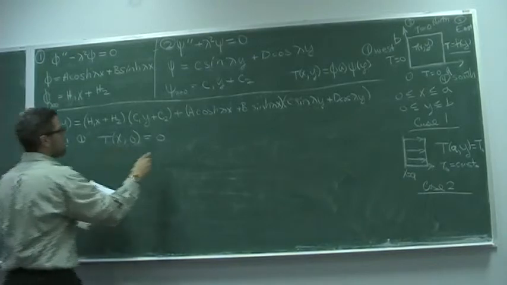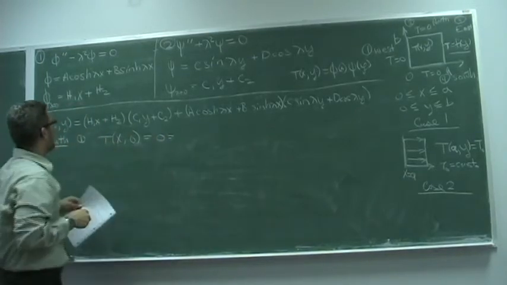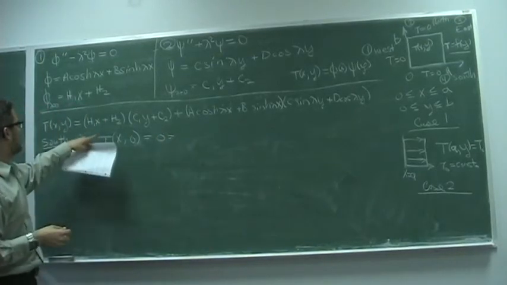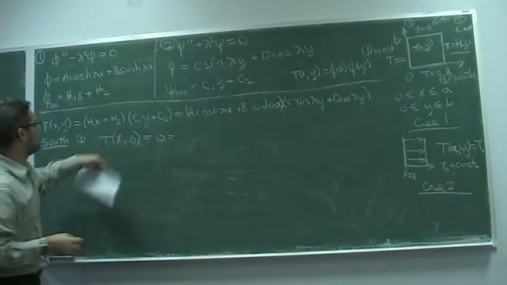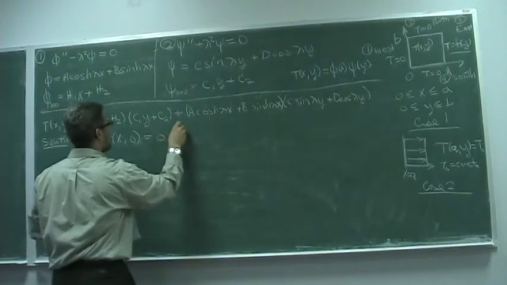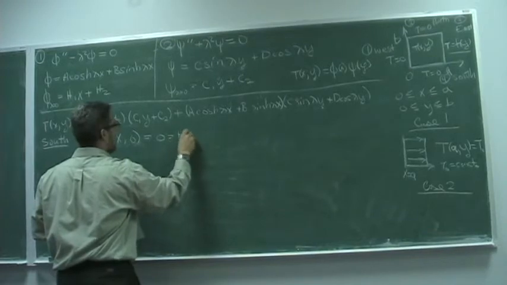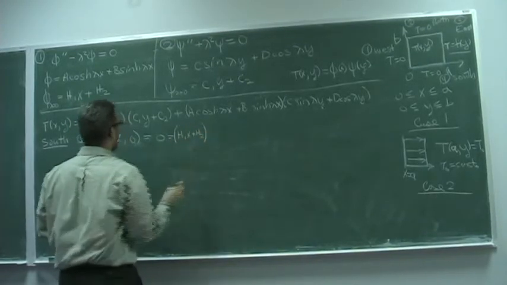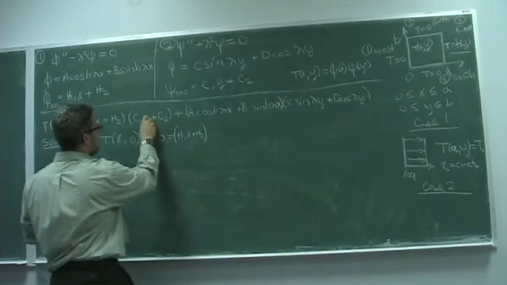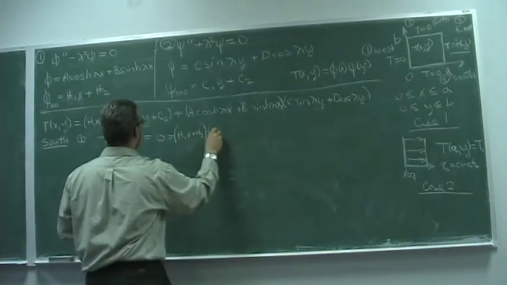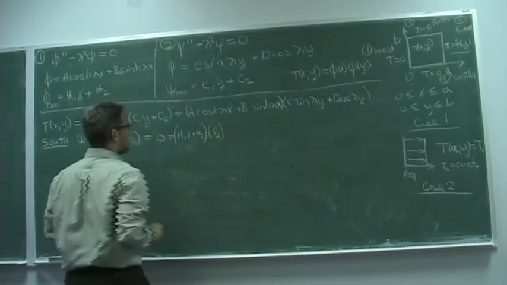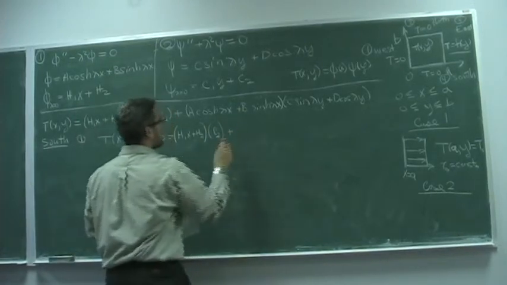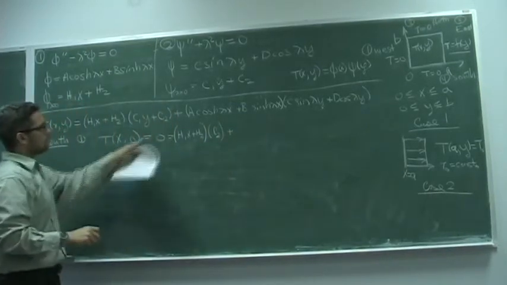Okay, so the south face. We set that equal to 0. Now we actually plug in here. We know that y is the one that's being zeroed. So I've got now h1x plus h2, that's our first term. In this term, y goes to 0, so I just have c2 now. Now we add all this in.